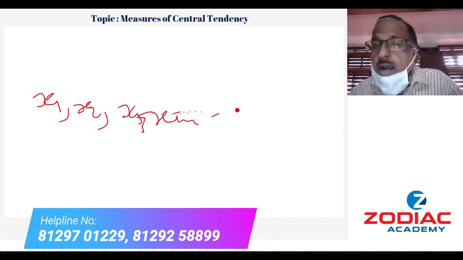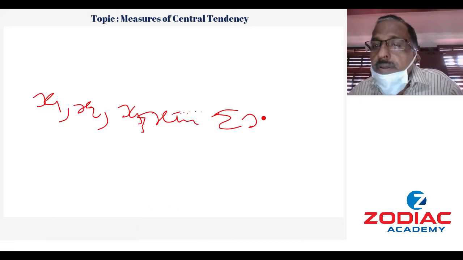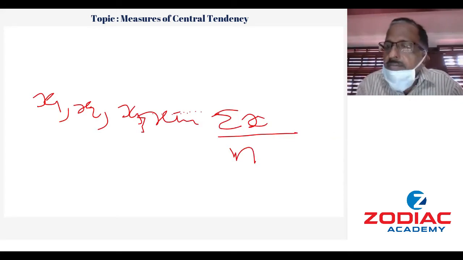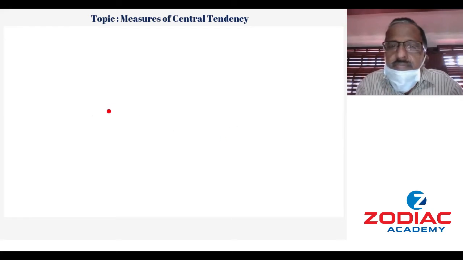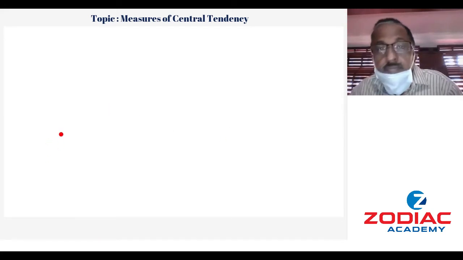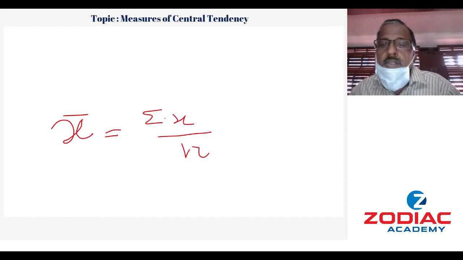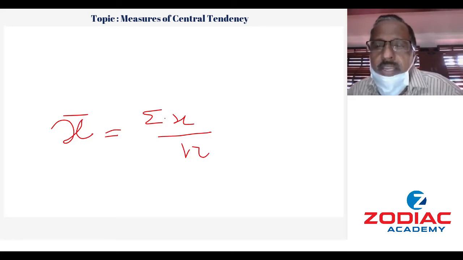That is, x bar is equal to sigma x divided by n. Sigma x means x1 plus x2 plus x3 plus etc. plus xn, all divided by n. This is the formula for calculating arithmetic mean.